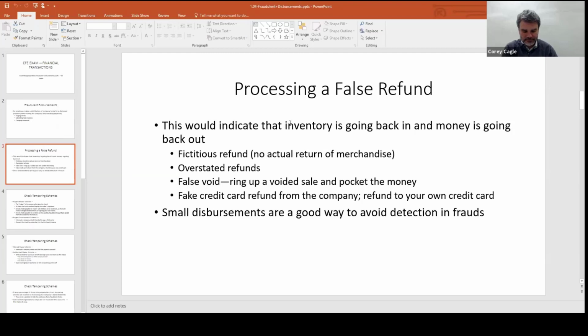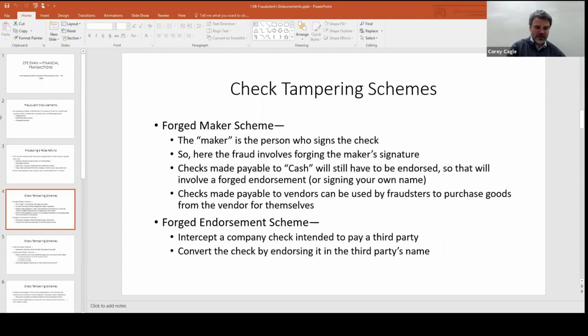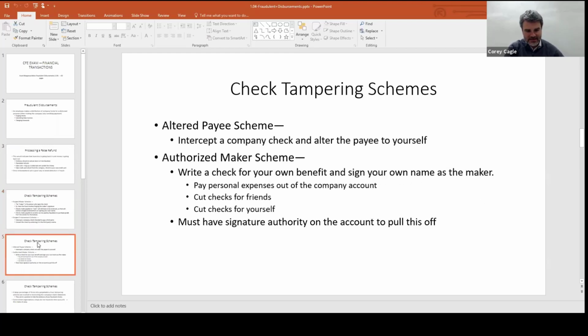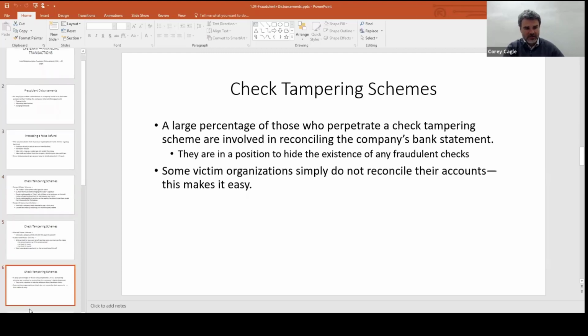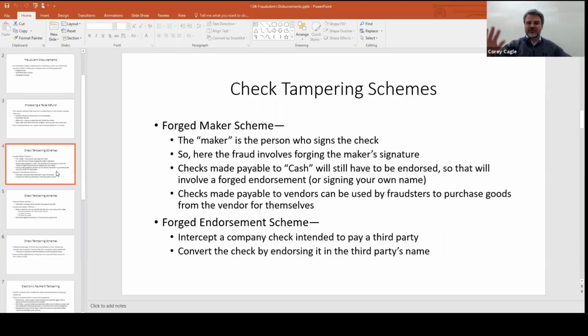All right, check tampering. There's a lot of stuff that can be asked here because you've got all these different types of schemes. You've got forged maker, forged endorsement, altered payee, authorized maker. Those are all different types of check tampering. They're easy to keep straight though.